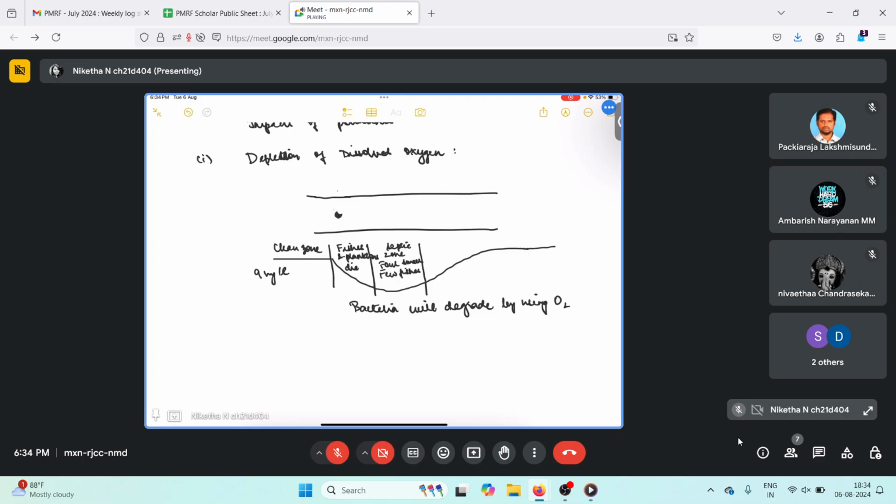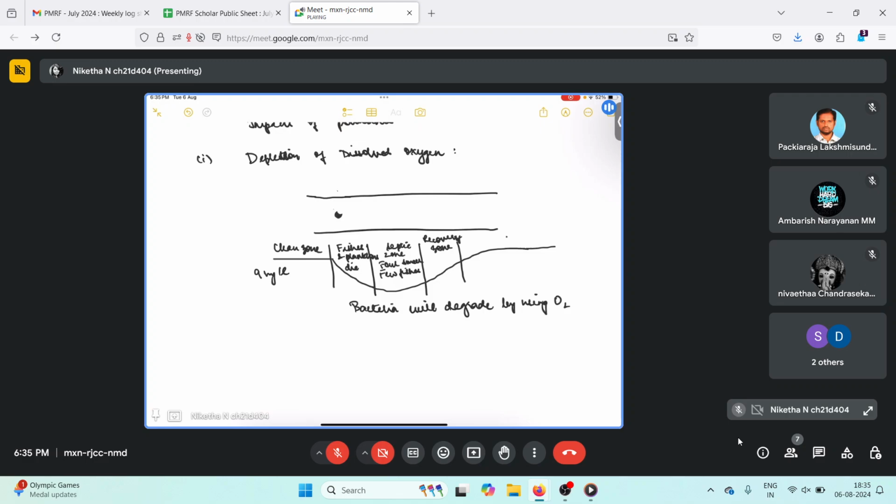The next zone is the recovery zone. Here, after the bacteria has degraded all the waste completely, the dissolved oxygen concentration will start to rise, little by little. You will have certain kinds of fishes which are found in the pollution zone, and similar kinds of fishes will be observed here.